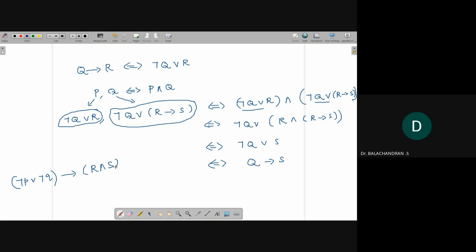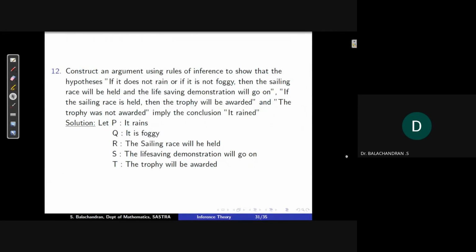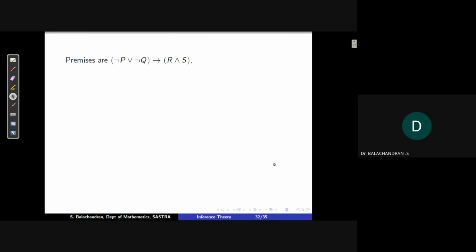You can check it: negation P or negation Q implies R and S.